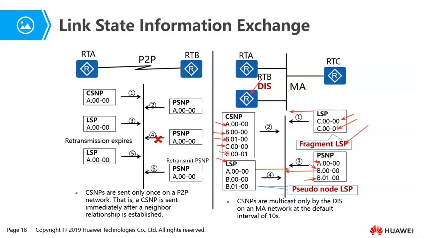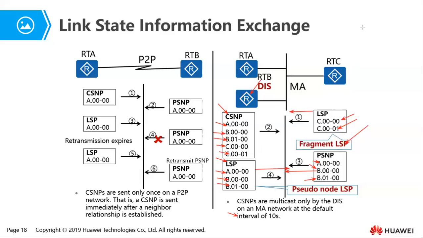So I'm going to tell you about how to go to network A, how to go to B. CSNPs are multicast only by the DIS on a multi-access network, and they're normally sent after every 10 seconds. So after every 10 seconds, a DIS will flood the CSNP in that multi-access network.